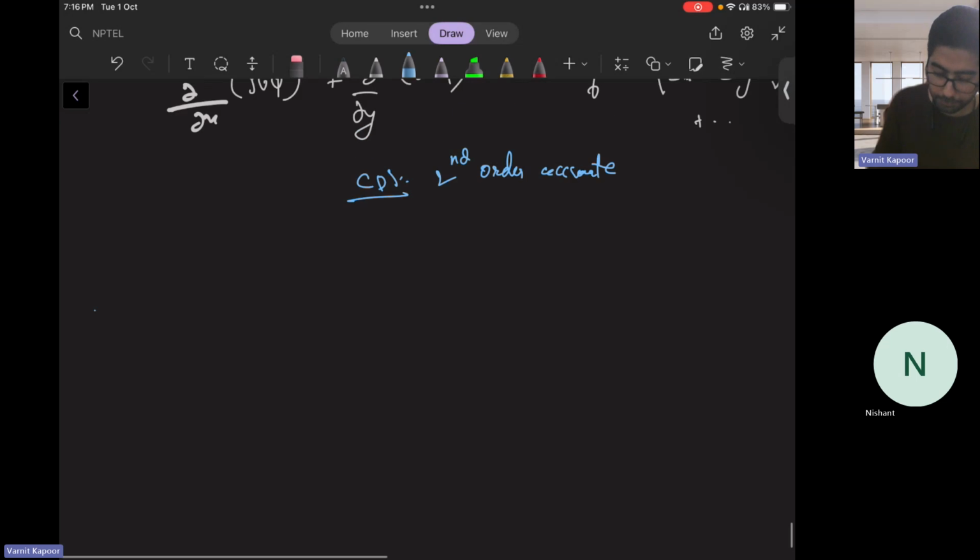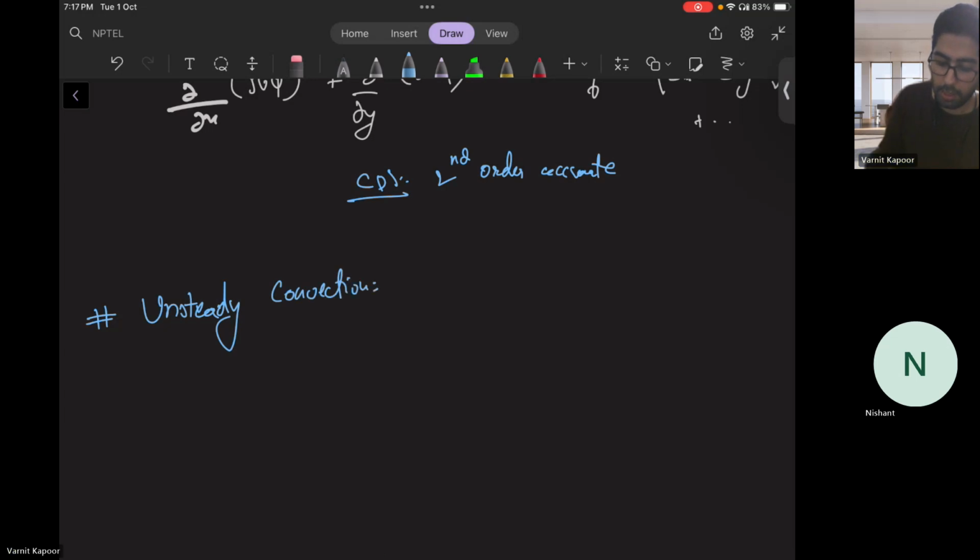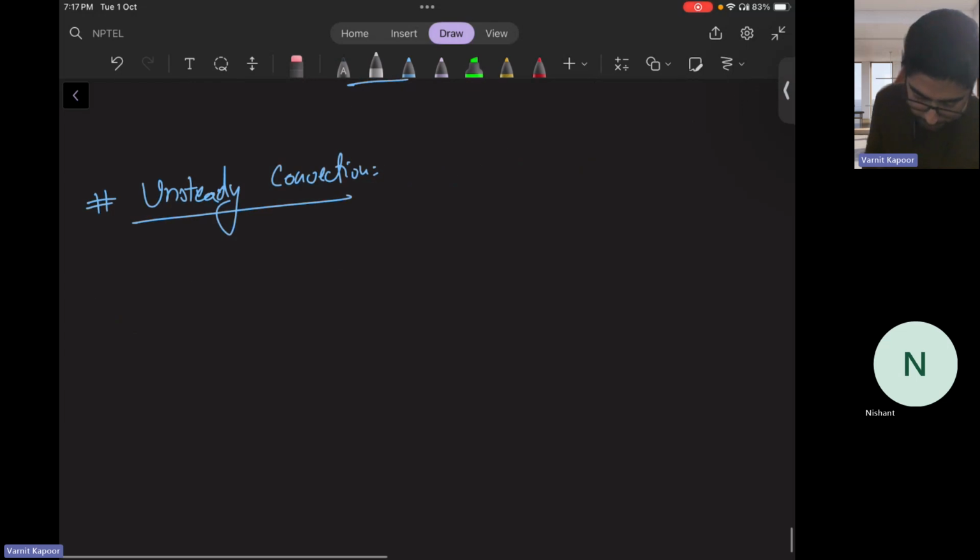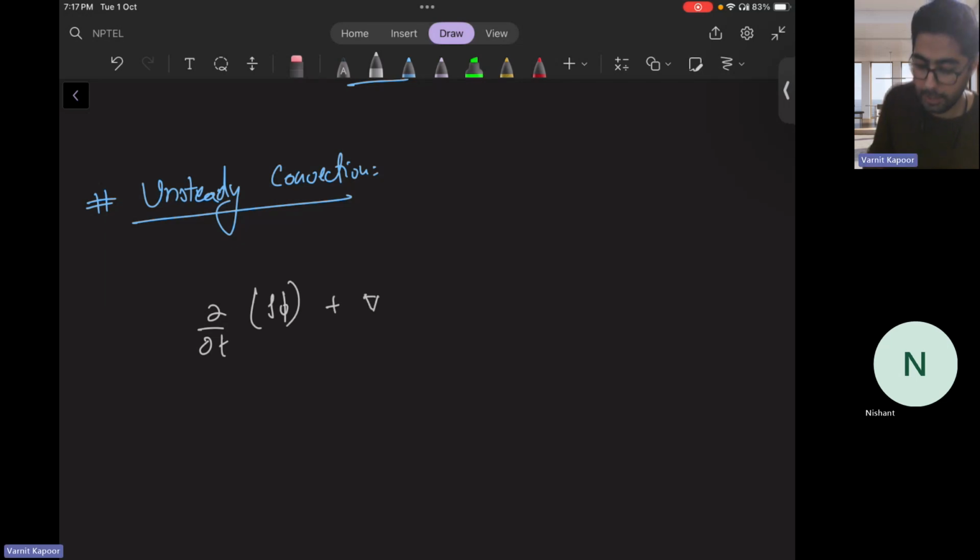Now let's come to unsteady convection. If you have the unsteady convection equation, that means ∂/∂t of (ρφ) plus ∇·(ρuφ) is equal to 0.